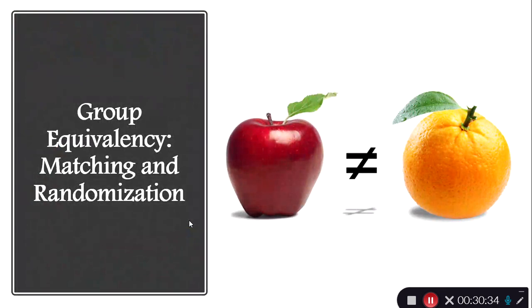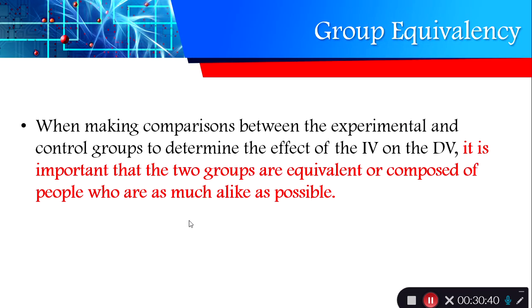So let's look at this idea of group equivalency a little further. Group equivalency: when making comparisons between experimental and control groups to determine the effect of the IV on the DV, it is important that the two groups are equivalent or composed of people who are as much alike as possible.